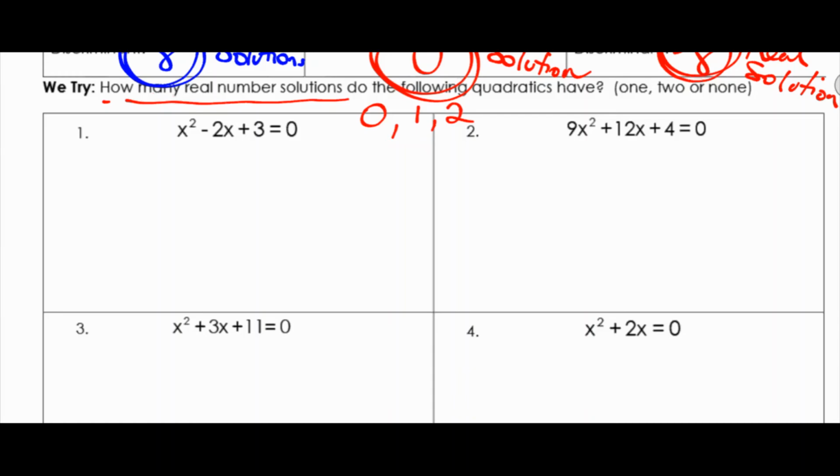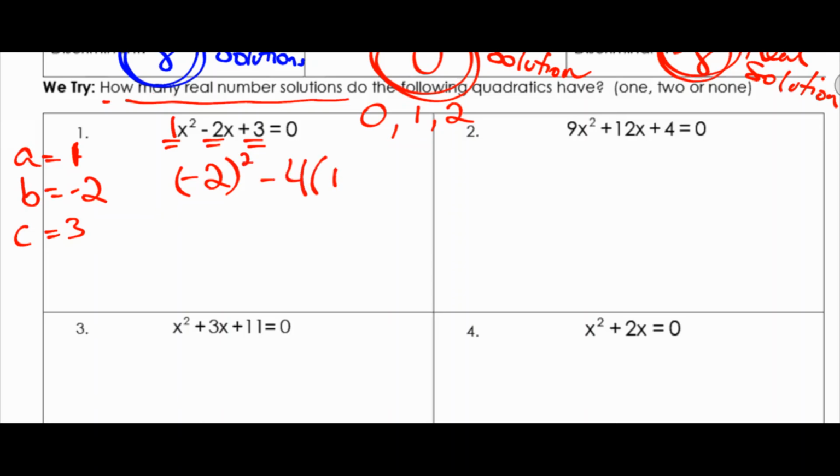So I'm looking at my A, B, and C from this equation: 1, -2, and 3. A is 1, B is -2, C is 3. So b squared minus 4ac. -2 squared is 4.